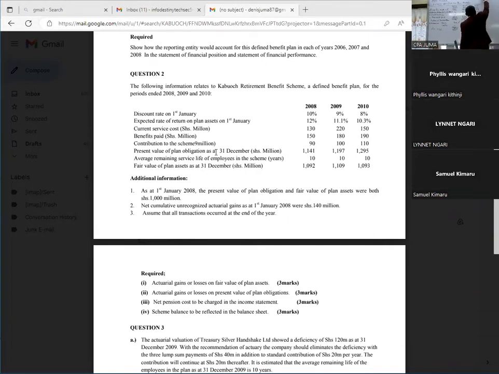Roman 2: actuarial gain or loss on plan obligation, for the 3 years.